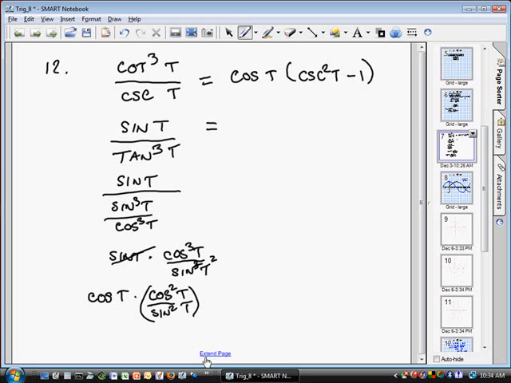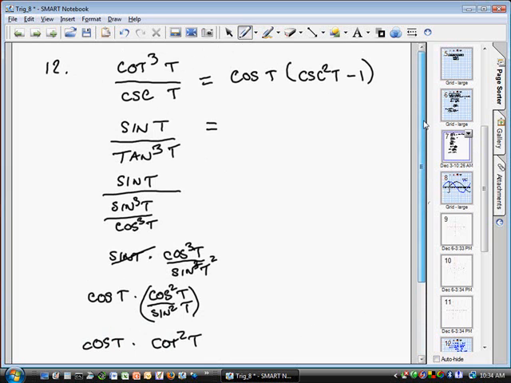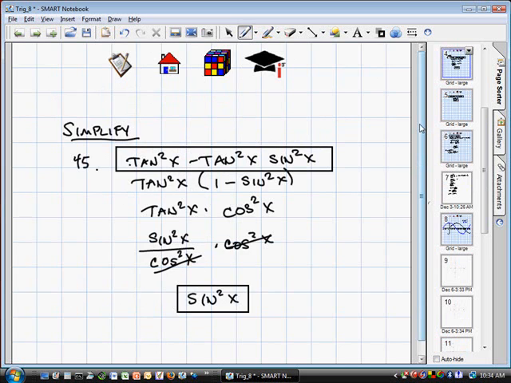Okay, now make a little more space here. Now, looking back on the top, it's not cotangent squared that I want there. I want this cosecant squared minus 1. But if you look, there's a perfect identity to help us out here. I'm going to just take a time out. Let's head back to our identity page.